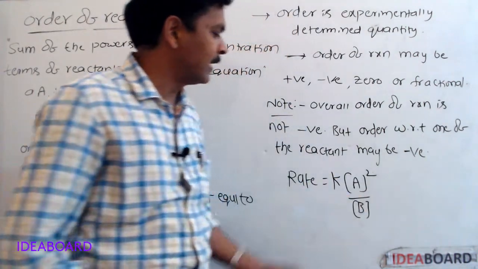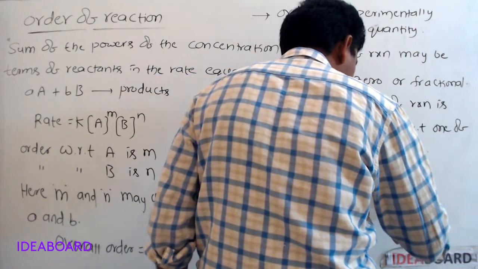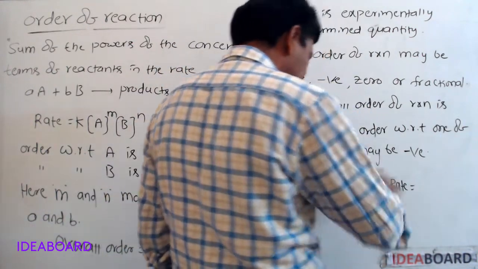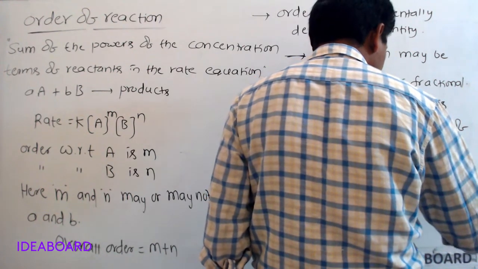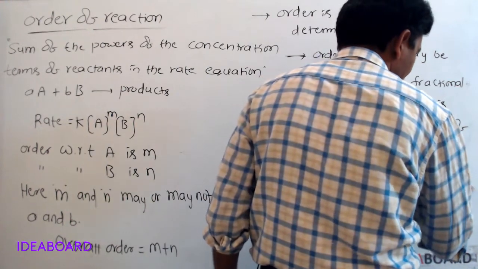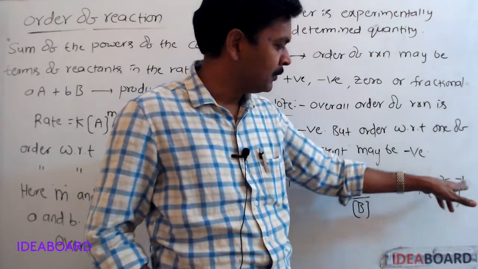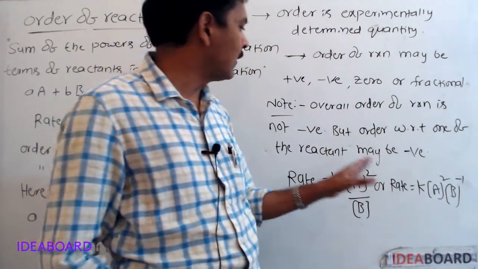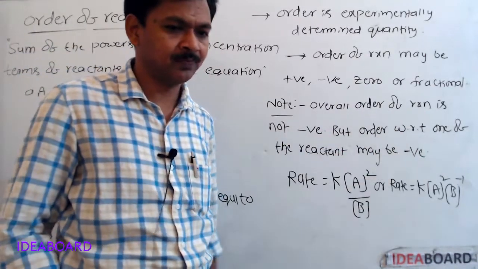Then overall order of reaction is 1. The same rate equation we can write as rate equals K into [A]^2 into [B]^-1. So order with respect to A is 2, with respect to B is minus 1, but overall order of reaction is 1.